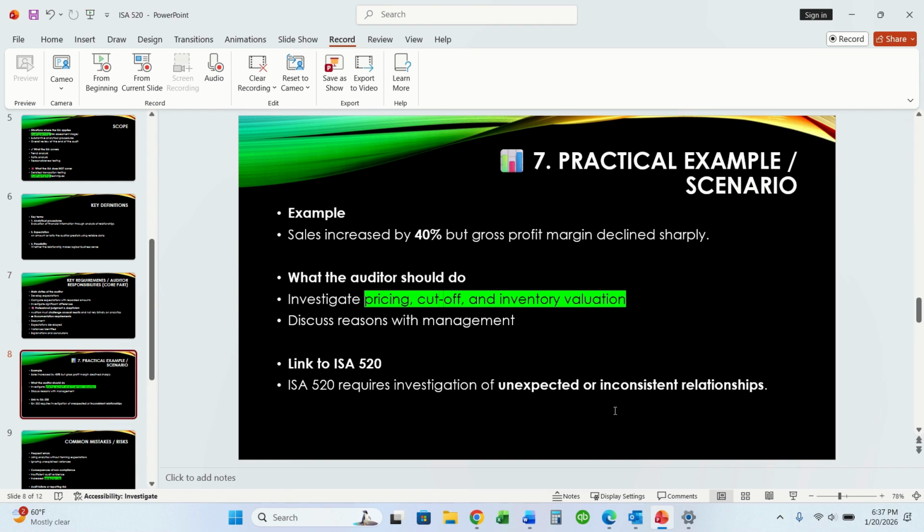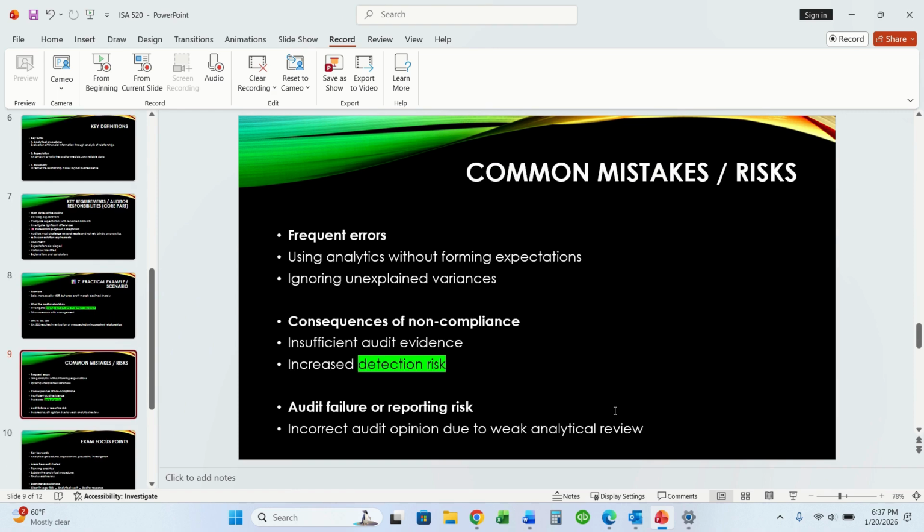Its objective is that goods received before year end are included in inventory and goods sold before year end are excluded from inventory. What is inventory valuation? Valuation means inventory is stated at the lower of cost and NRV. Its objective is that inventory is not overstated, and obsolete or slow moving items are written down. Linked to ISA 520: ISA 520 requires investigation of unexpected or inconsistent relationships.